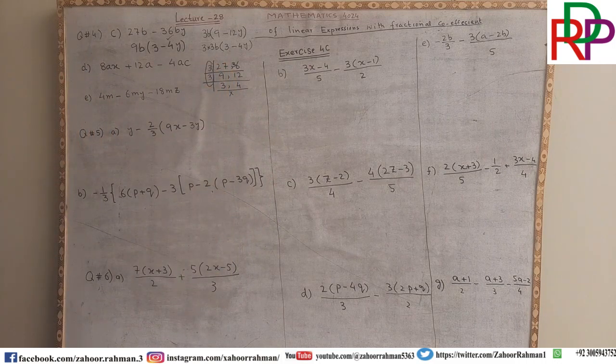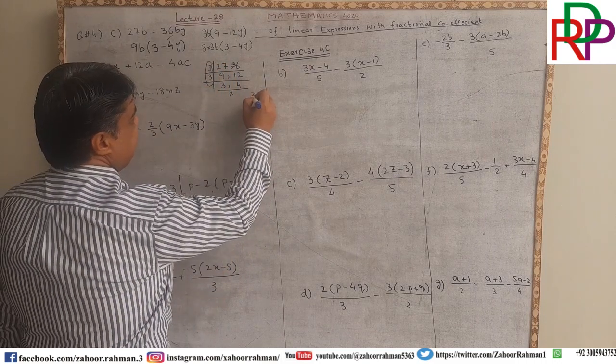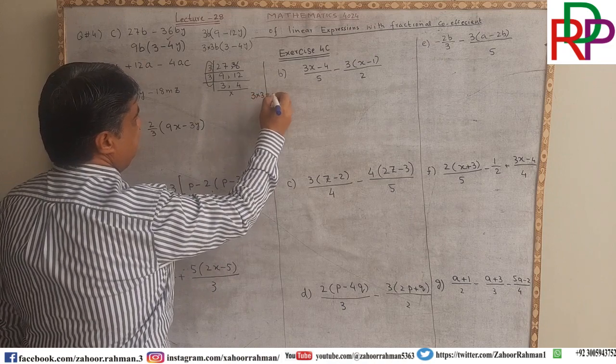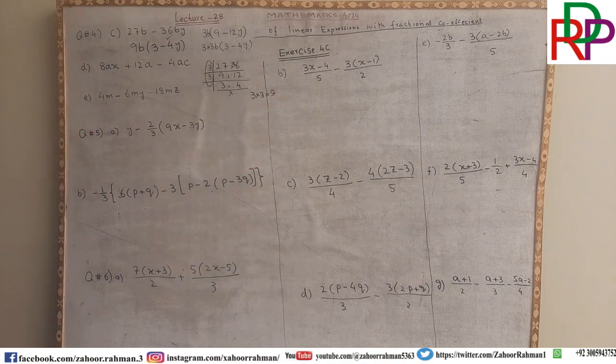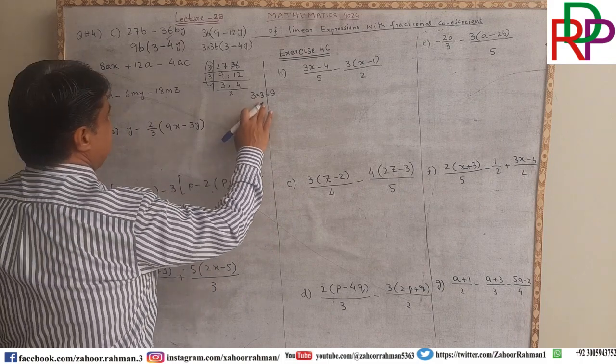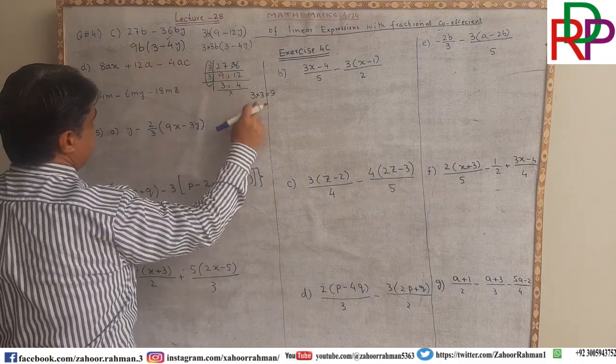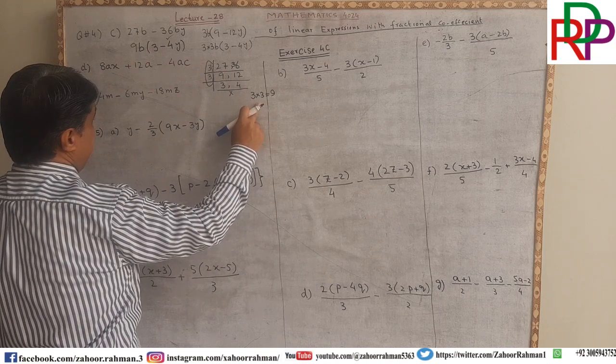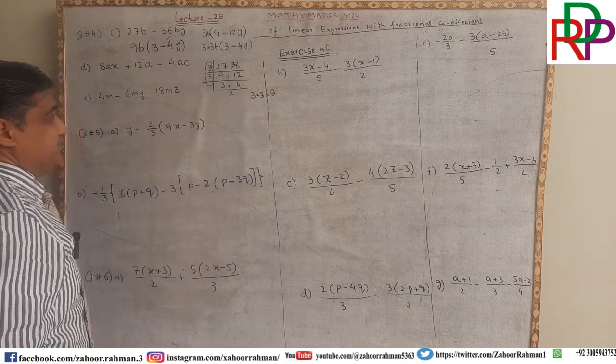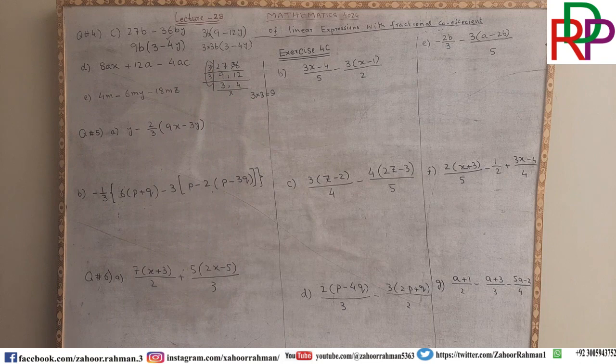This is called highest common factor, and this is 3 multiplied by 3, and that is equal to 9. And when this is 9, you have to take this one as a common, remember, not 3. So that was the thing I wanted to tell you. You have to take this common.